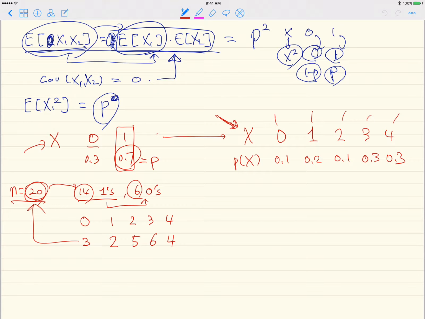So here we view this random variable, for example y, as a 5-dimensional vector, where the first entry is the number of zeros that we observe. This is one example of our event outcome.